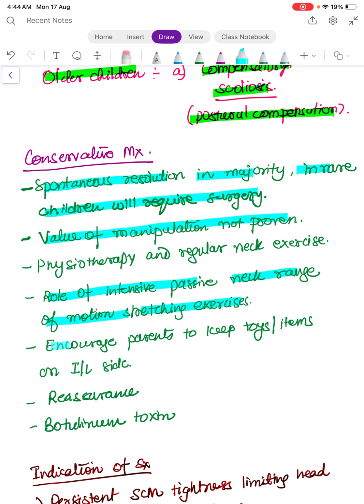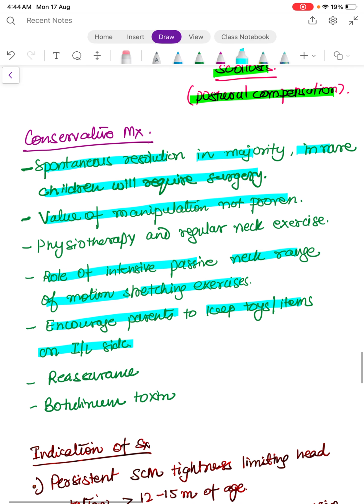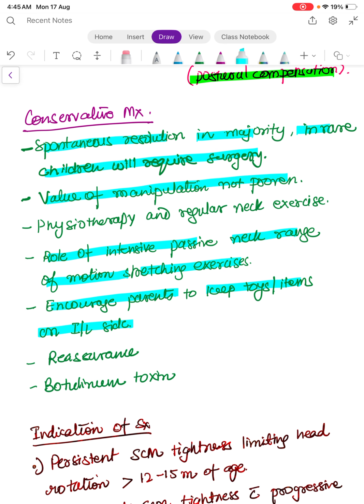The literature says to encourage parents to keep toys or items on the ipsilateral side so that the child will move his or her neck. Reassurance is also required. The passage of time is probably as effective as the various manipulations described in the literature when torticollis is due to sternocleidomastoid fibrosis. So you have to remember that.